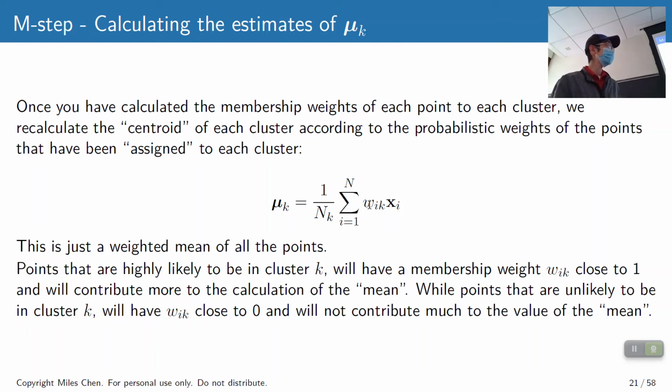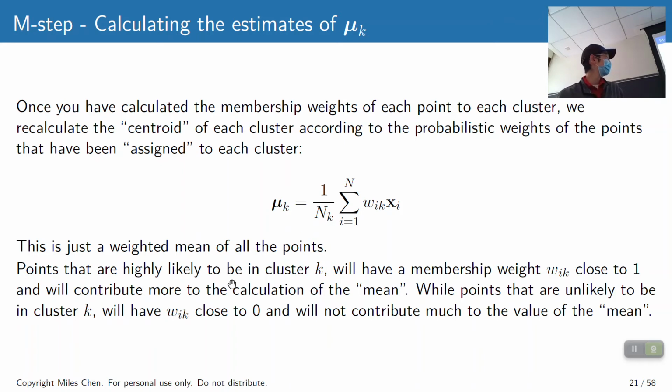So instead of a z, which is a 0 or 1, we have a w, which is now some decimal value between 0 and 1. We take each weight, multiply it by x, and then divide by nk, which is the sum of the weights.